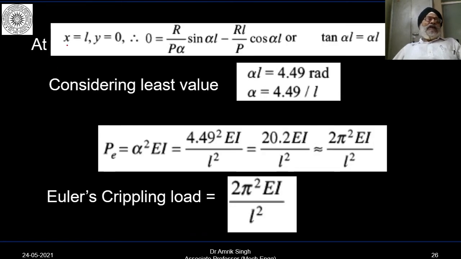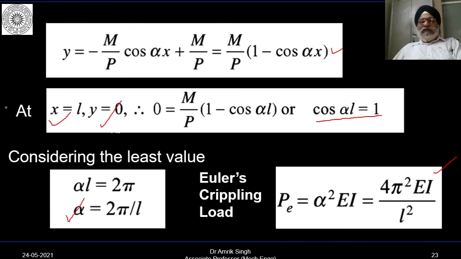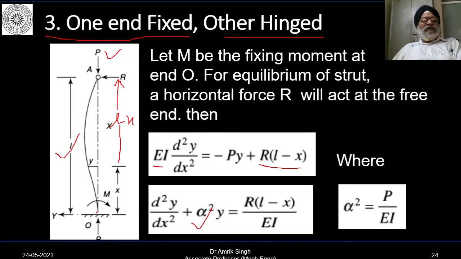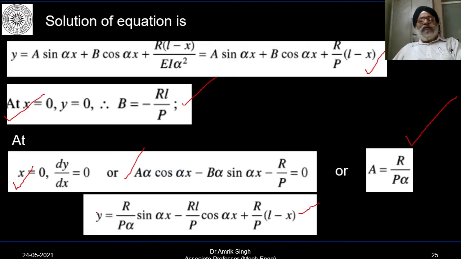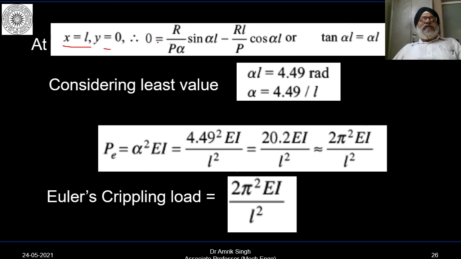Now we can also put a third condition, that is at x equal to L, y is equal to 0. So if you see this, at x equal to L, y is equal to 0 here. So we can put the value. So it will be 0 equals R upon P alpha sin alpha L minus R into L upon P cos alpha L. So R will cancel, and you put the value of alpha, so other terms will also go.